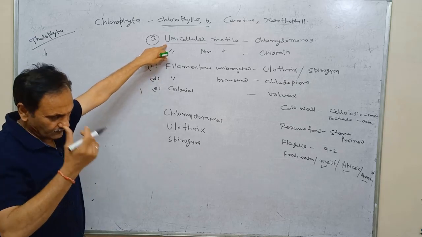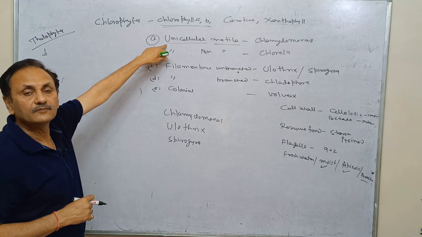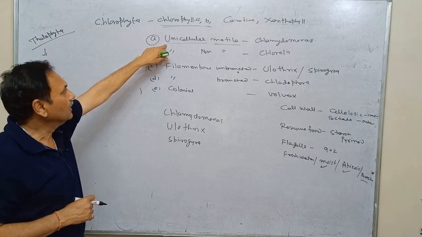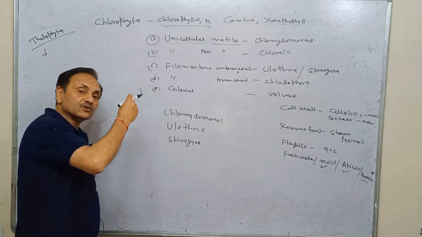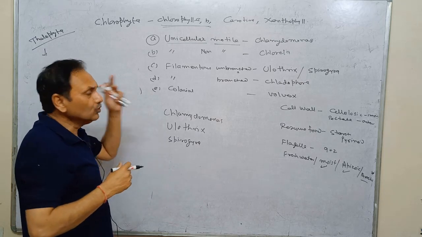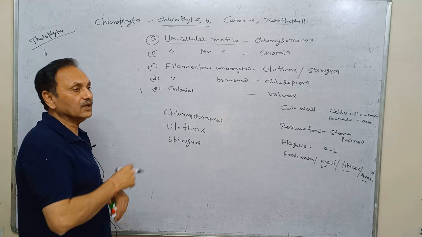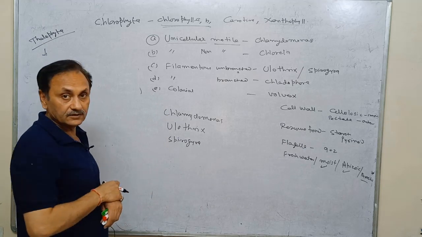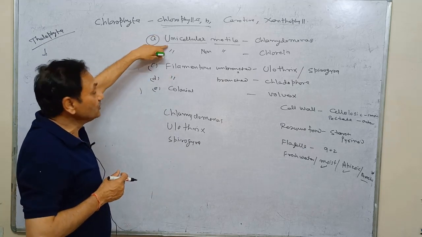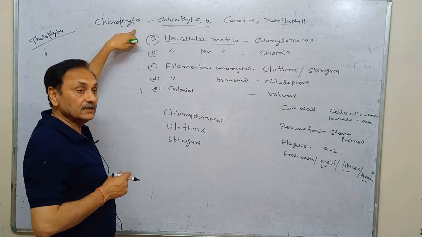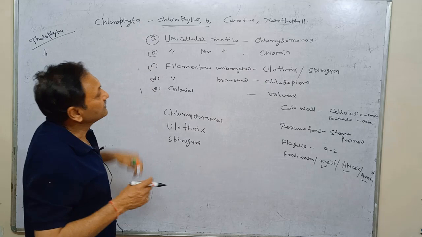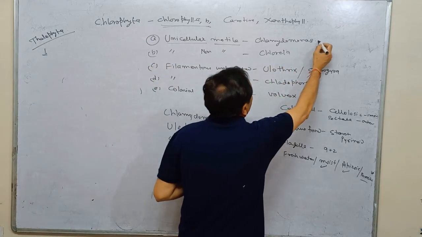Of course, Plantae are multicellular, but here few examples are cited of unicellular also, because most of the characteristic features are identical or resemble plant-like features. So we will study the unicellular motile under this algae, Chlorophyta, and their example is Chlamydomonas.